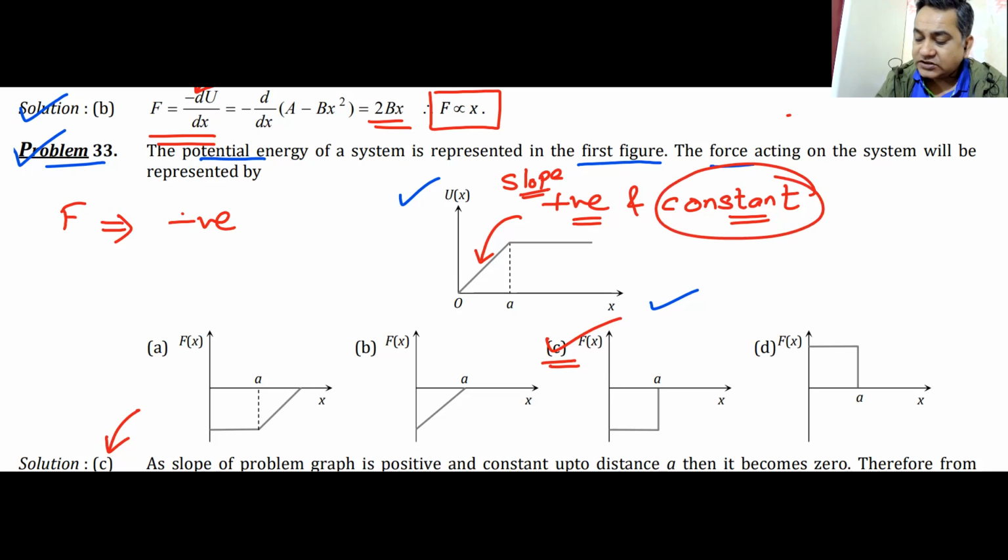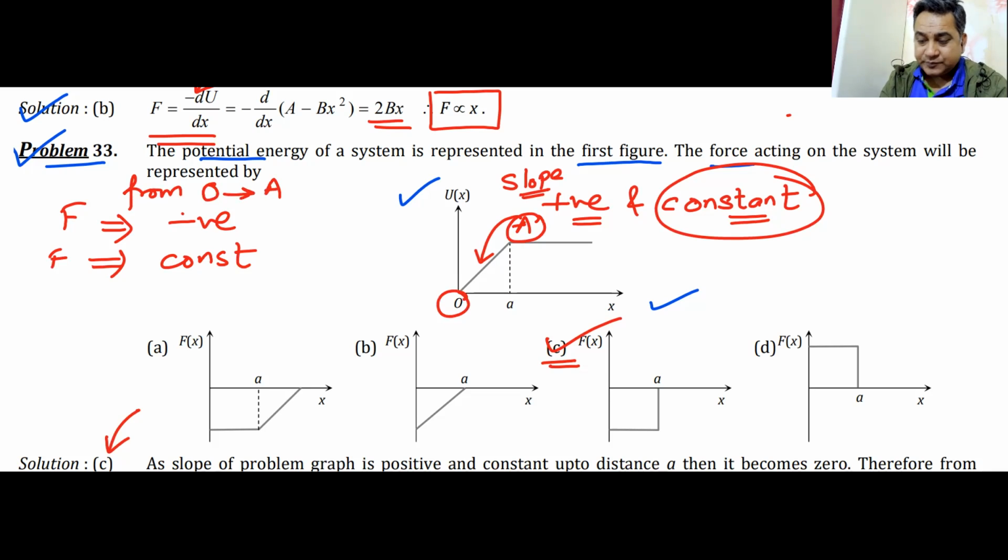Looking at this, it is constant, so force is also constant. So if I call this point O and this point A, from O to A, slope is positive and constant. Slope is positive, therefore force is negative and force is constant.